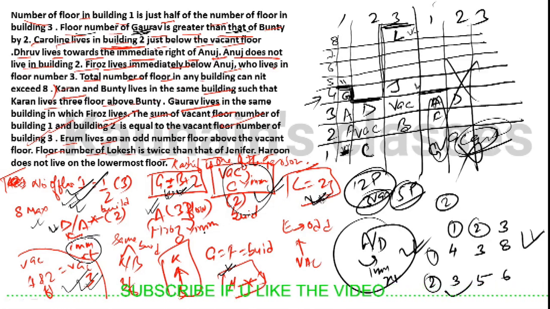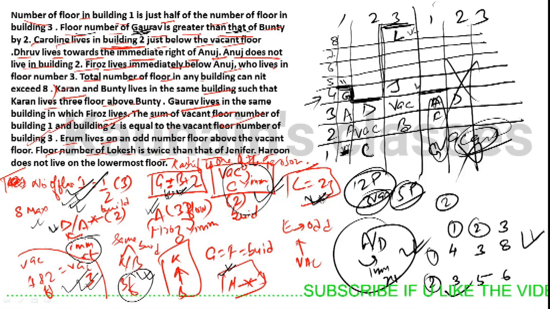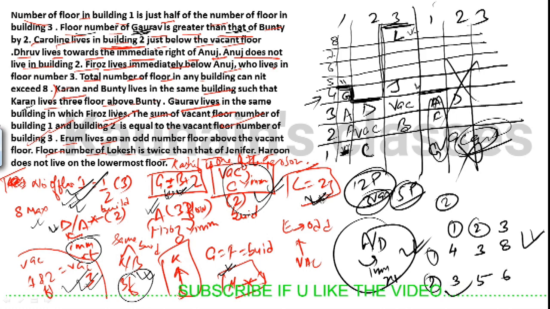Okay, we know that K and B. Kashif, there is a 3 floor gap between A and B. 3 floors means 3 floors above. What was our main hint? Kashif is living 3 floors above. There is not a gap of 3 floors, it's saying 3 floors above.